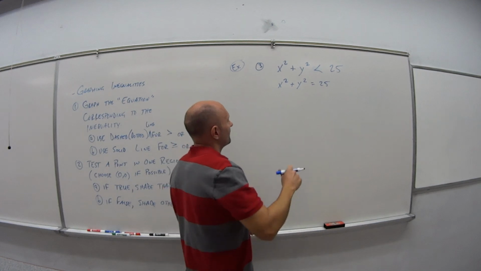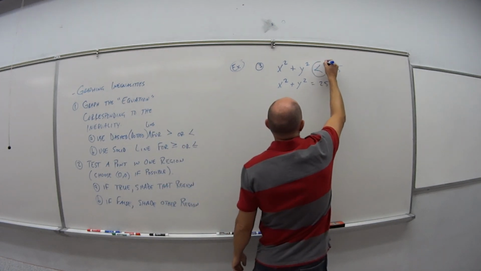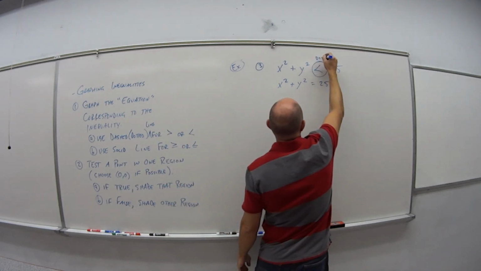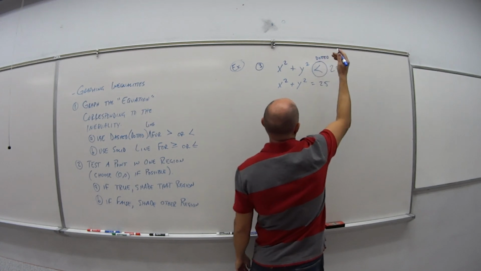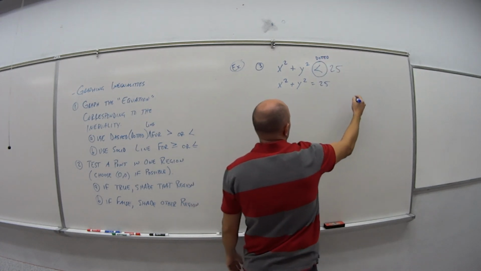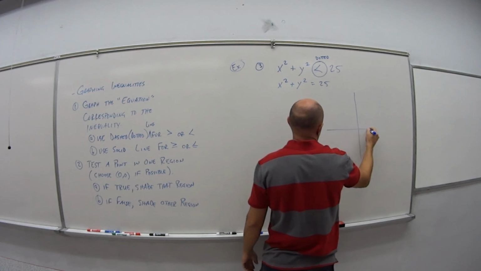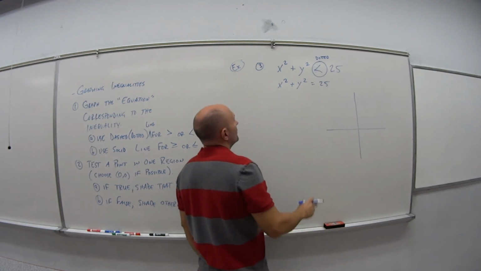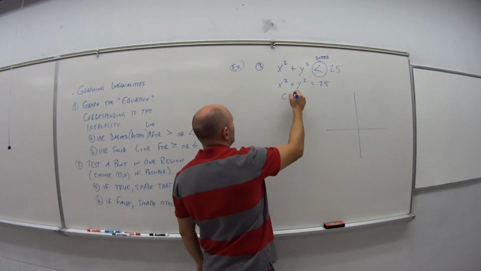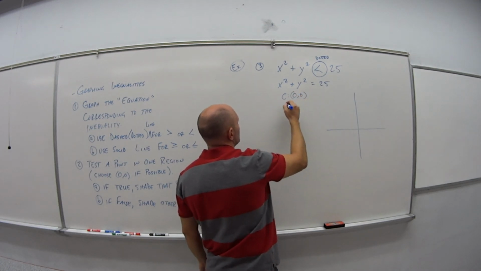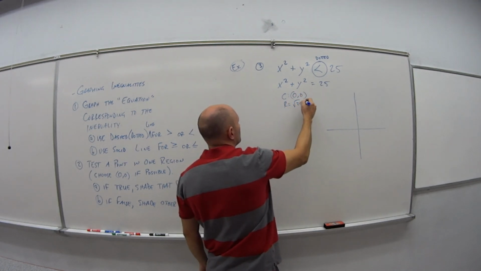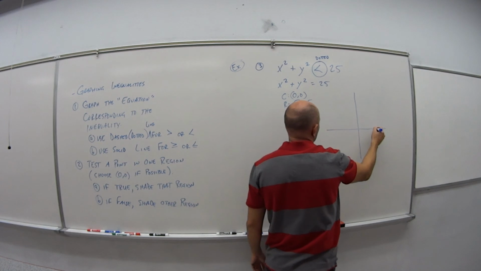All right, welcome back. Again, first thing I'm going to do is recognize that this is a dotted line. That way when I start drawing this, I get at least the line correct, if it's dotted or solid. As we said, this is a circle with the center at 0, 0, the origin. Radius is square root of 25, which is 5.